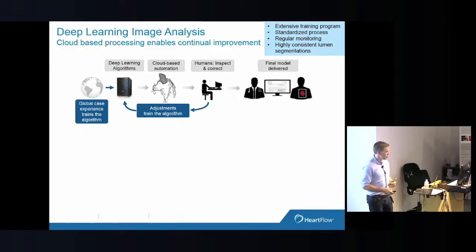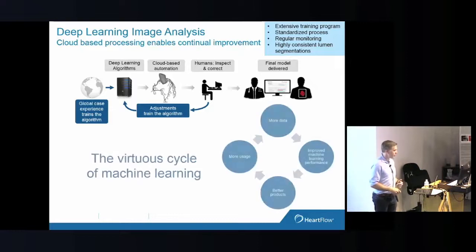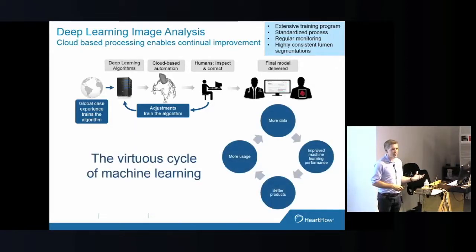Really allows us to take advantage of what people talk about with this virtuous cycle of machine learning, where you have data, you create machine learning performance, you build better products that makes more people use them, that gives you more data, and then you can improve your machine learning again and go around and around.